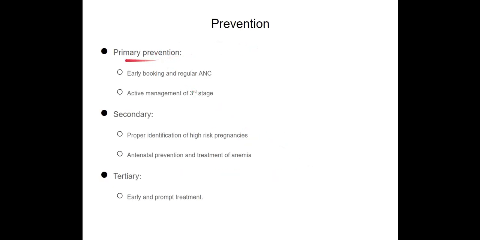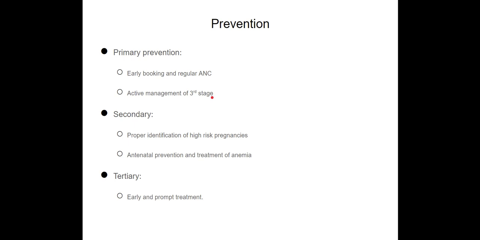So the primary prevention includes early booking and regular ANC. Antenatal care will help see possible problems that may predispose the patient to postpartum hemorrhage.